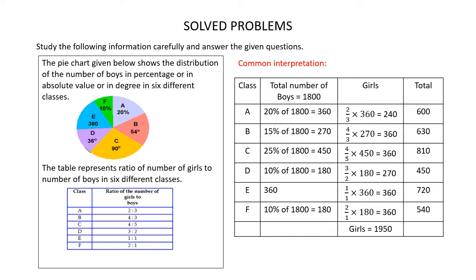Each row is for a different class. That is, the first row is for class A, the second row is for class B, the third row is for class C, and so on. Now we have found that the total number of boys is 1800. So the number of boys in class A is 20% of 1800, which is 360.